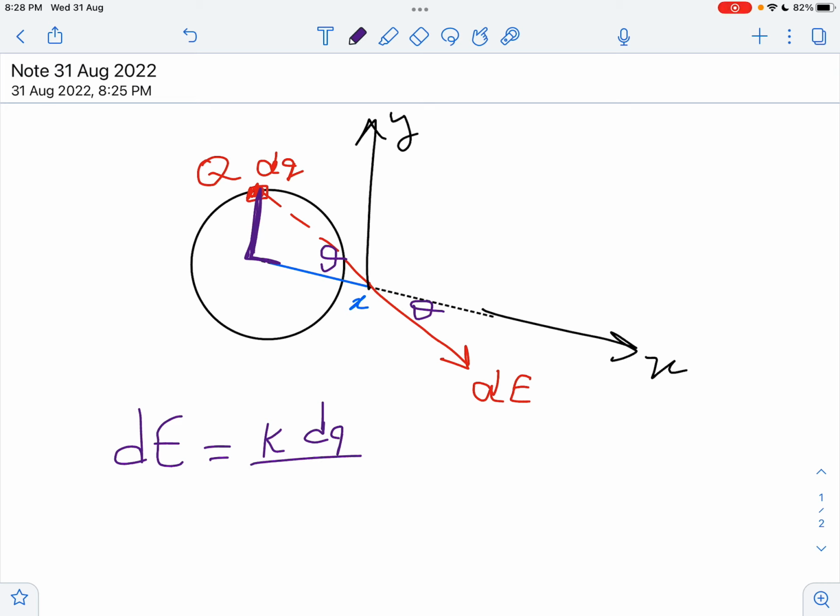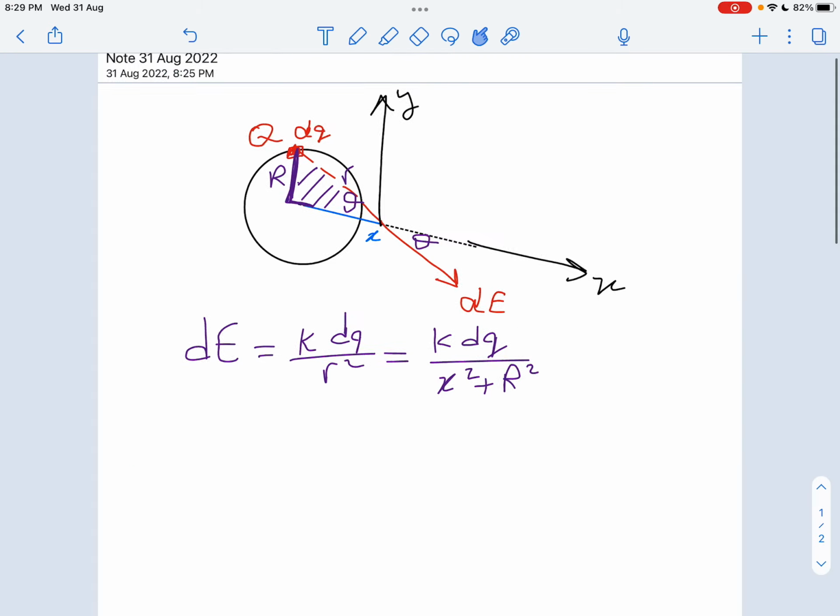Now if you look at this triangle here, this r squared is simply, by using Pythagorean theorem, x squared plus the radius of that ring squared. So that's k dq over x squared plus R squared.